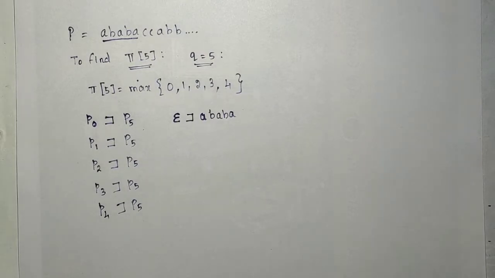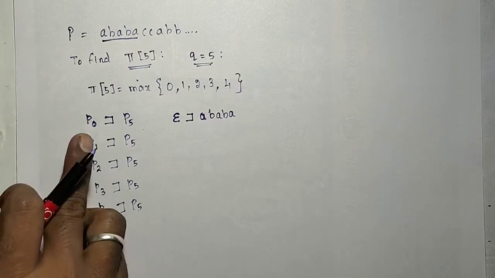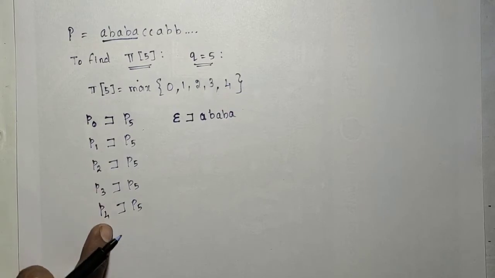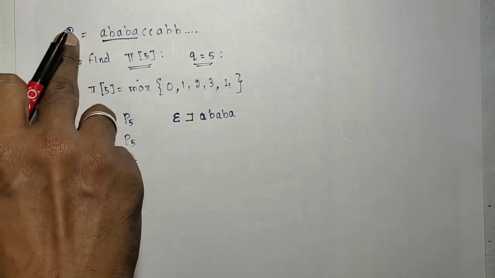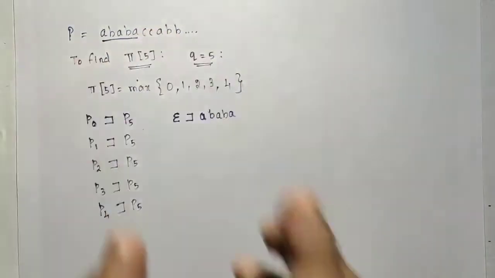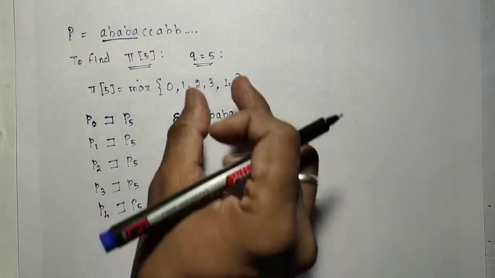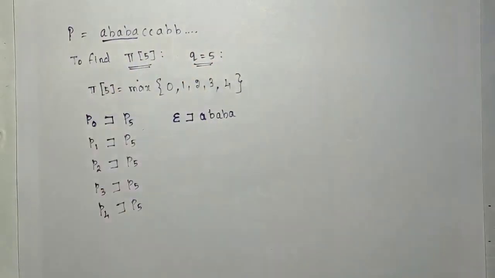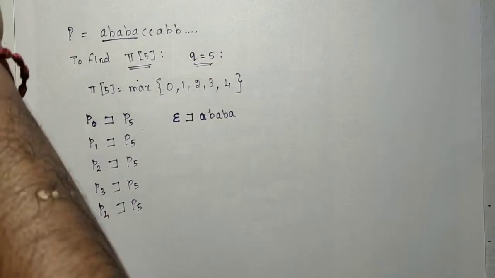So that is the prefix function pi of p5. Among these, p0, p1, p2, p3, p4, all are prefixes of the capital P, that is the pattern. Among that, which is the longest prefix which is a proper suffix of the 5 character string. 5 characters means pi of 5. So p5.